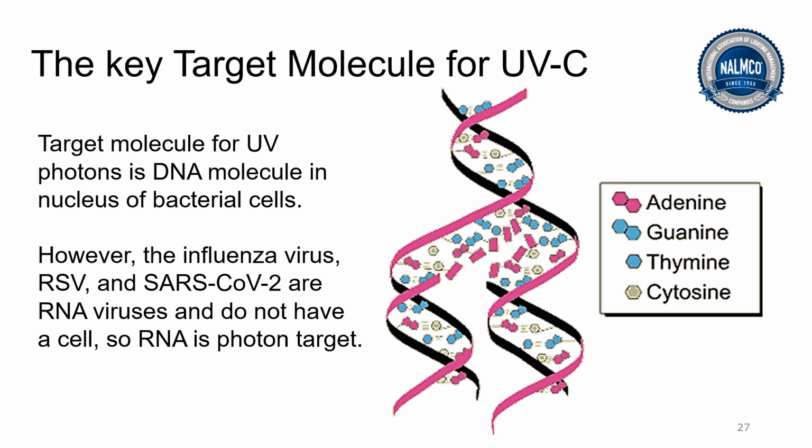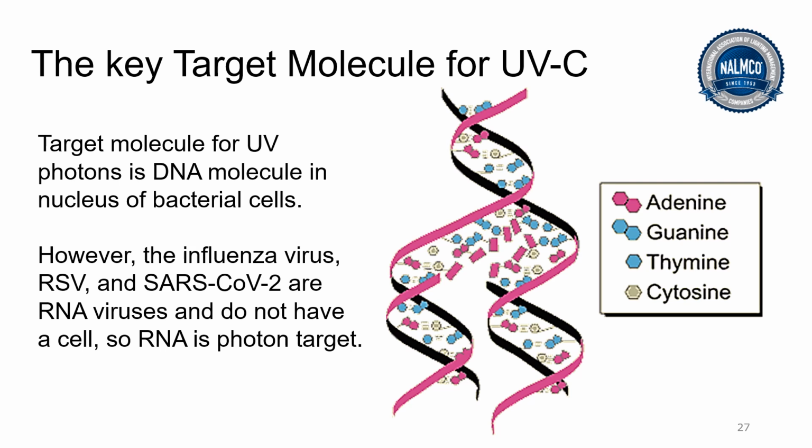Well, the target molecule for UV damage is normally what we refer to as deoxyribonucleic acid, or simply DNA, which plays a critical role in the cell nuclei of any cells. Now, I hasten to add that viruses are not technically cells, and they're just biological agents.